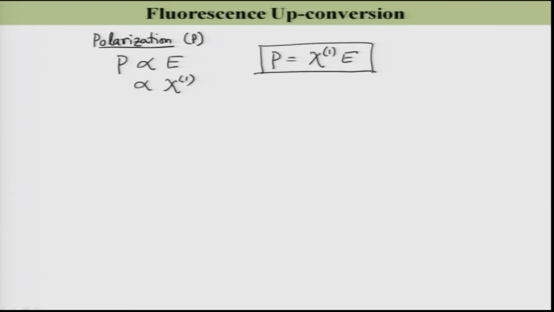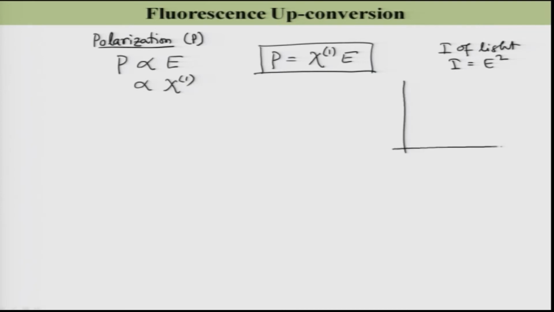If I increase the strength of this electric field, that means the intensity, which is E square, right. Now if I increase the intensity of the light, then the induced polarization will increase because E is increased, so the induced dipole moment will increase, that means the polarization of the system will increase.